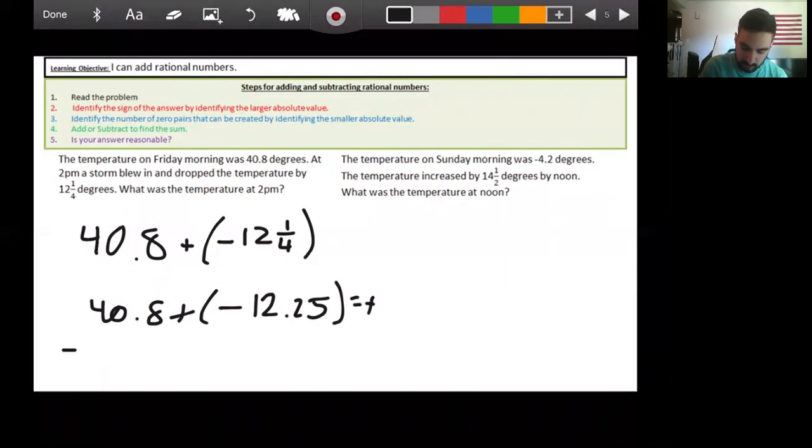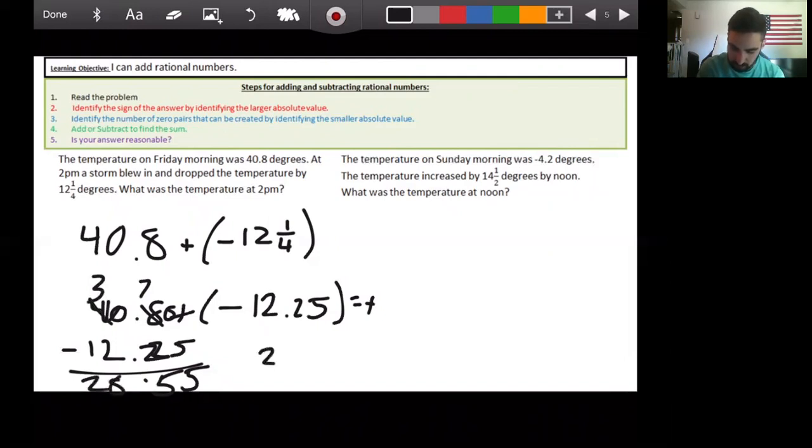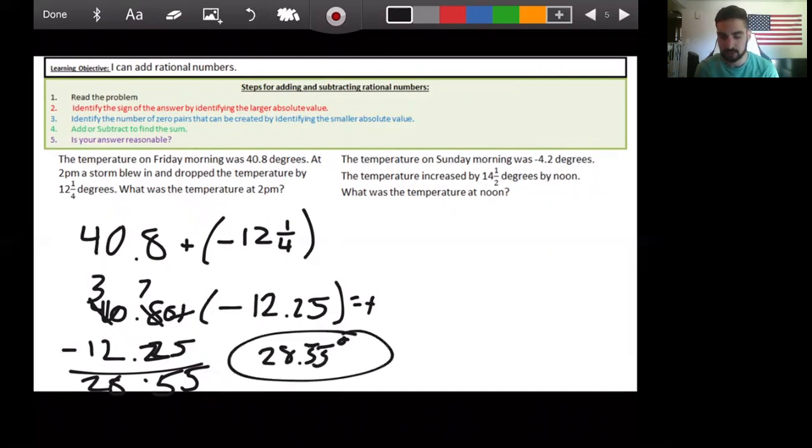I'm going to take this and subtract, adding a 0 for place value. And getting 28.55 degrees. So we say 28.55 degrees.